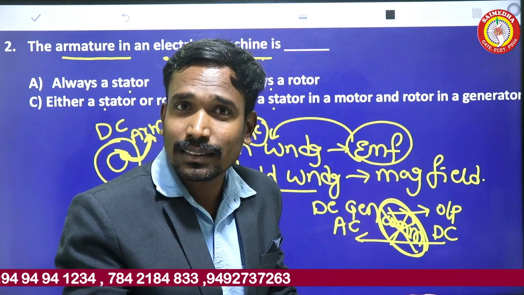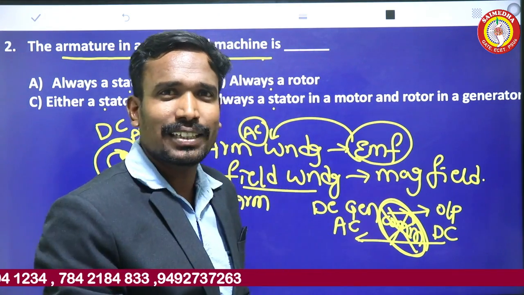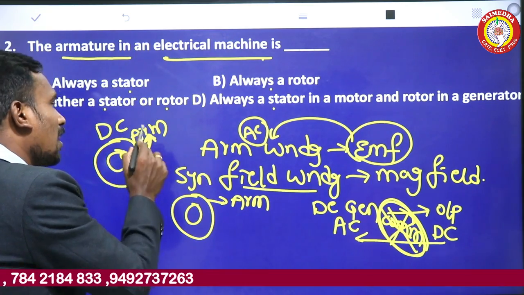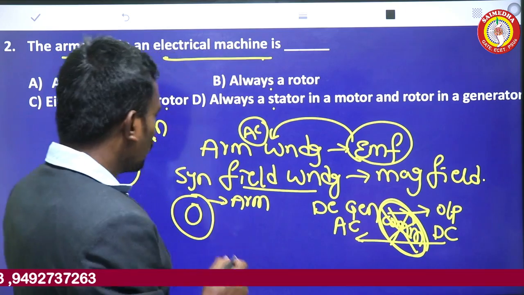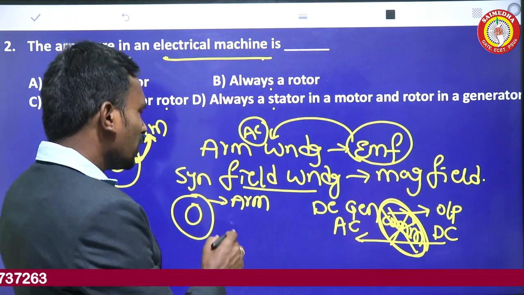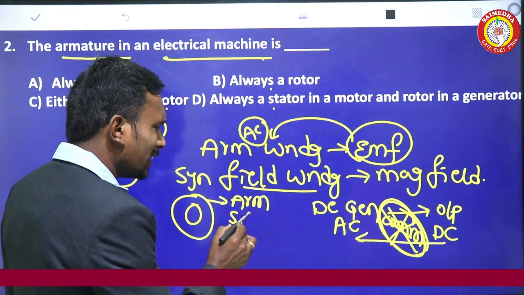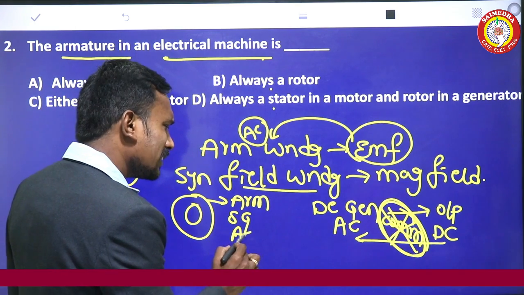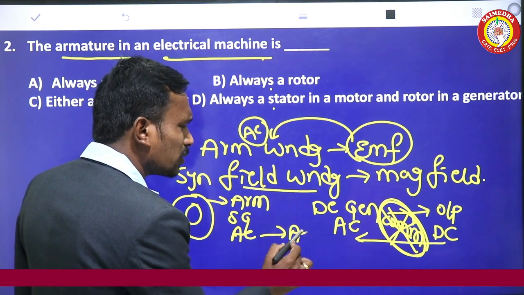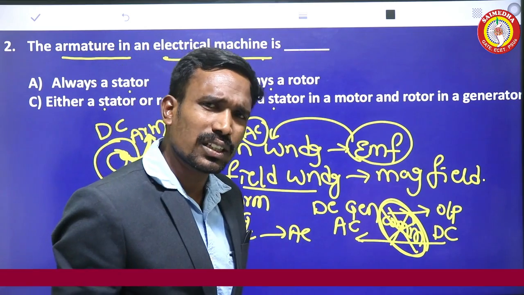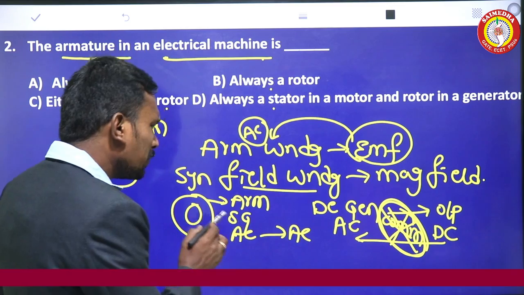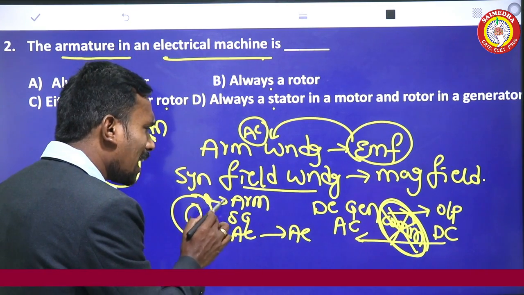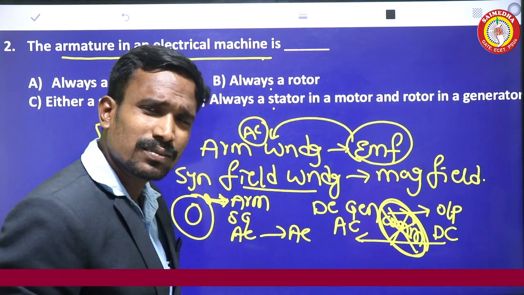Yes or no, guys? If you want commutation action, we must take the armature on the rotor. Then what about the synchronous machine? In a synchronous generator, the produced EMF is AC and the output is also AC, so there is no need of commutation. So we can place our armature winding in the stator.